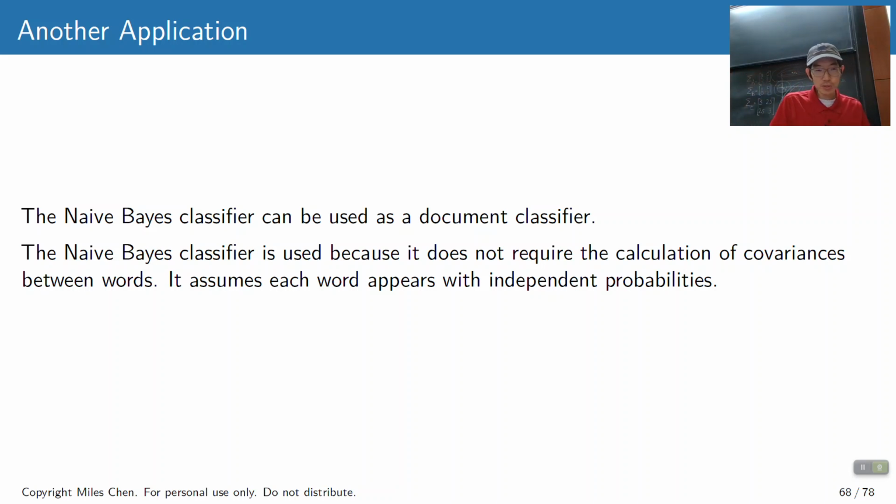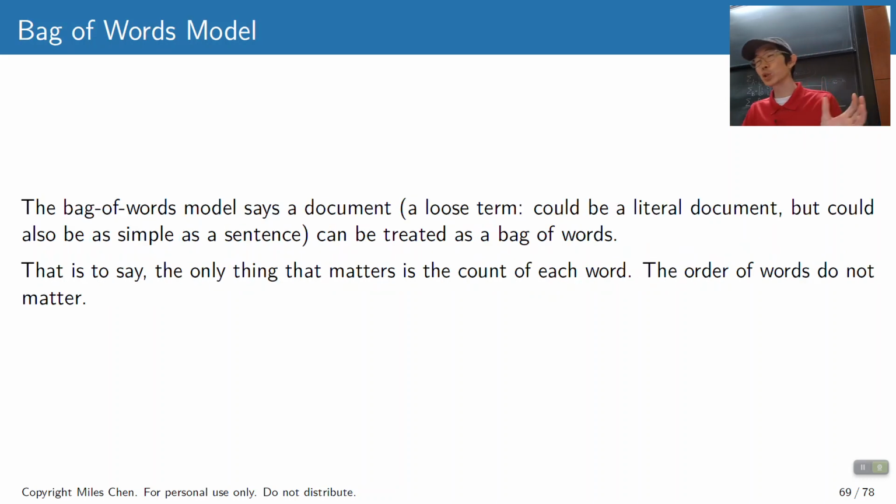We want to use the naive Bayes classifier because it doesn't require us to calculate covariances between words. The way our matrix will be set up, we're going to use what's called the bag of words model. Basically, we're going to get a count of how many times each word appears.